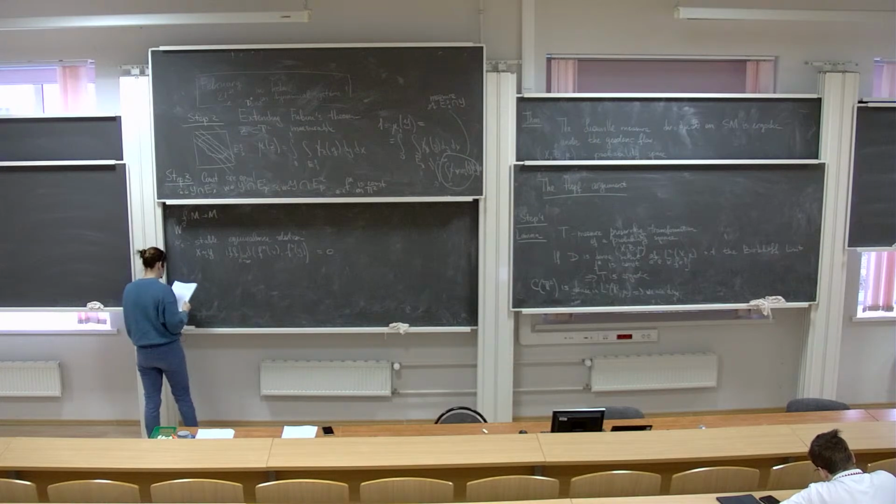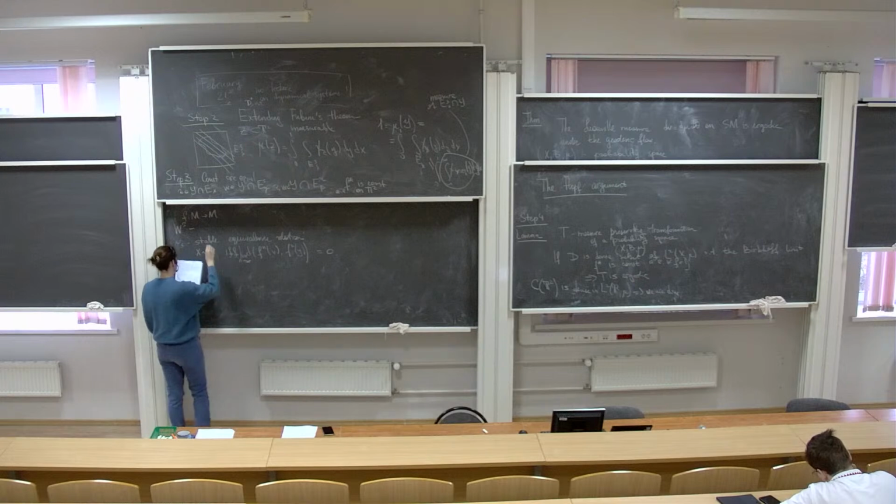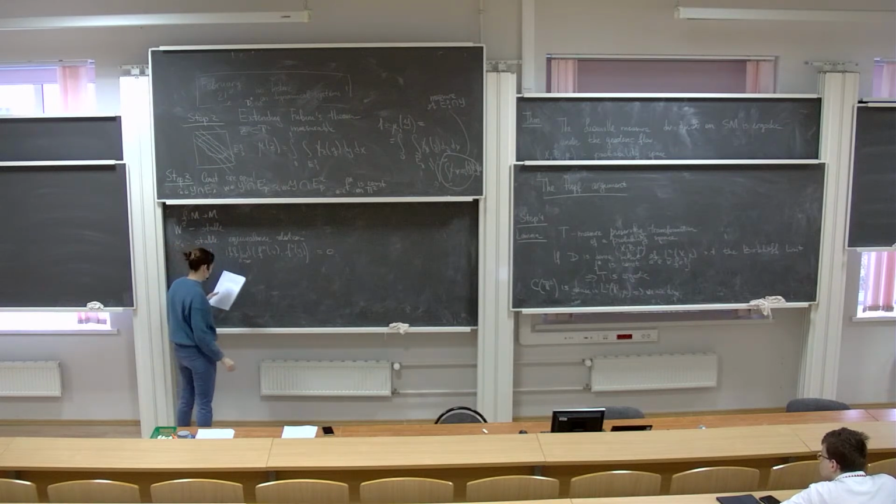Then W^s is a stable equivalence class due to the Anosov property of the flow.